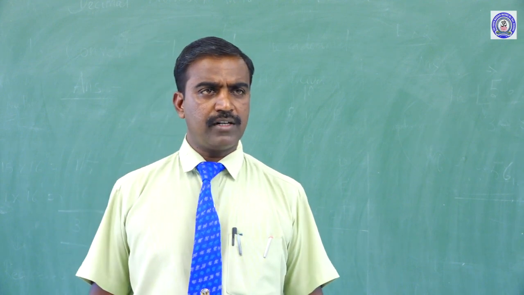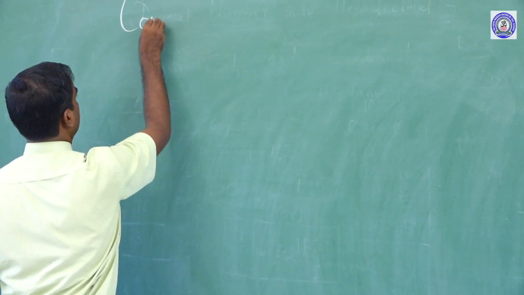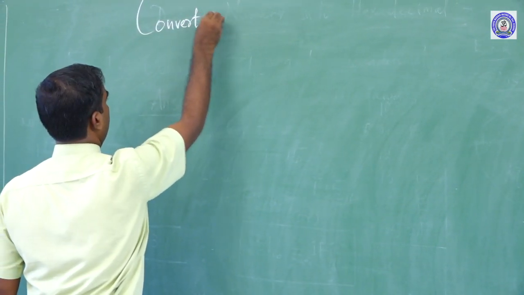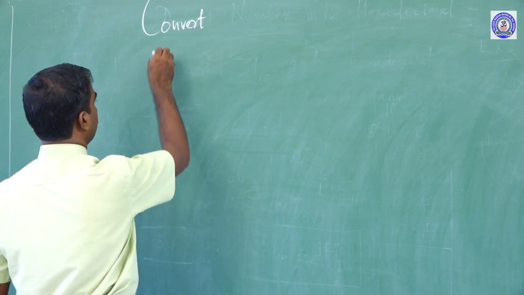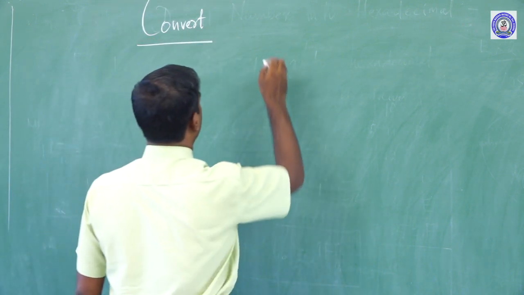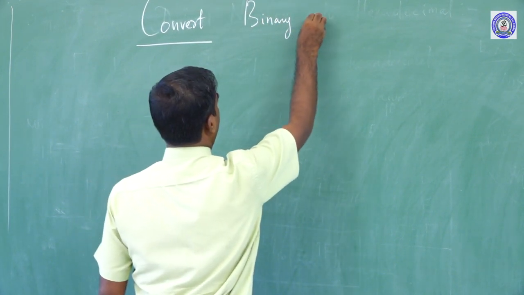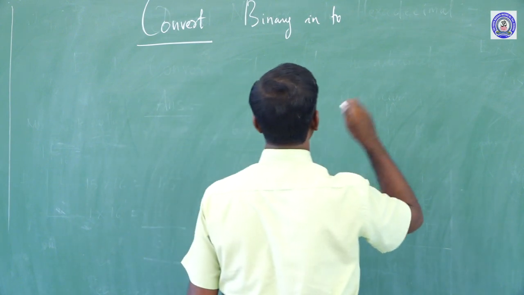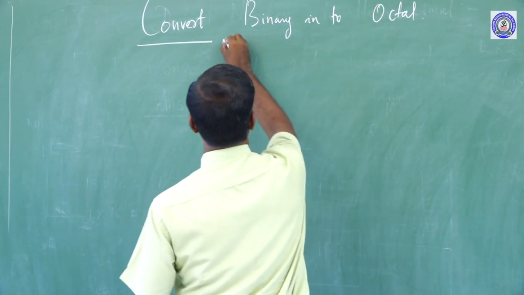First, can I explain convert? Given a number is binary, convert. This method: binary into octal. This is one method.